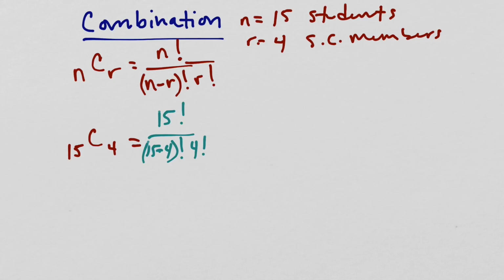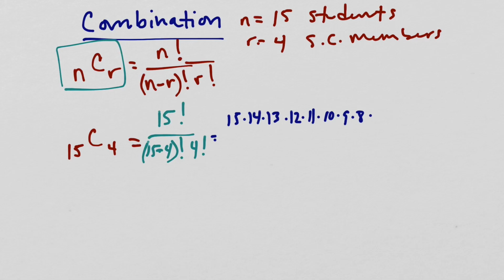So again, if you do this the long way, you're going to be able to find that formula on your calculator, under the stat window. But if not, you've got to multiply all this out. So you have 15, 14, 13, 12, 11, 10, 9, 8, 7, 6, 5, 4, 3, 2, 1.